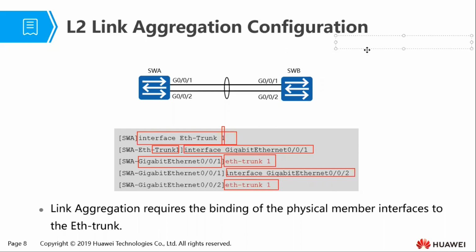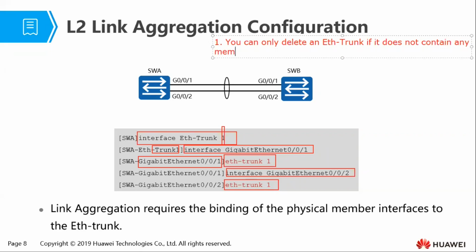One of them is you can only delete an Ethernet trunk if it does not contain any member interfaces.